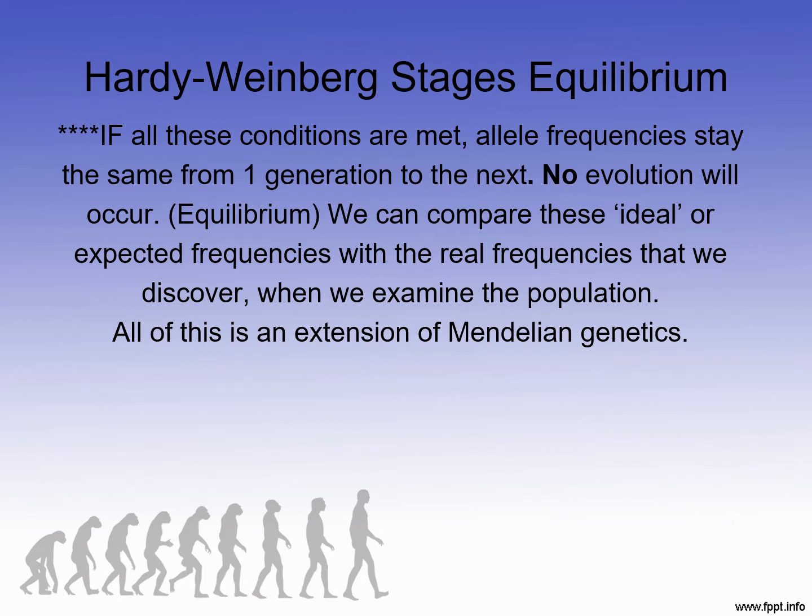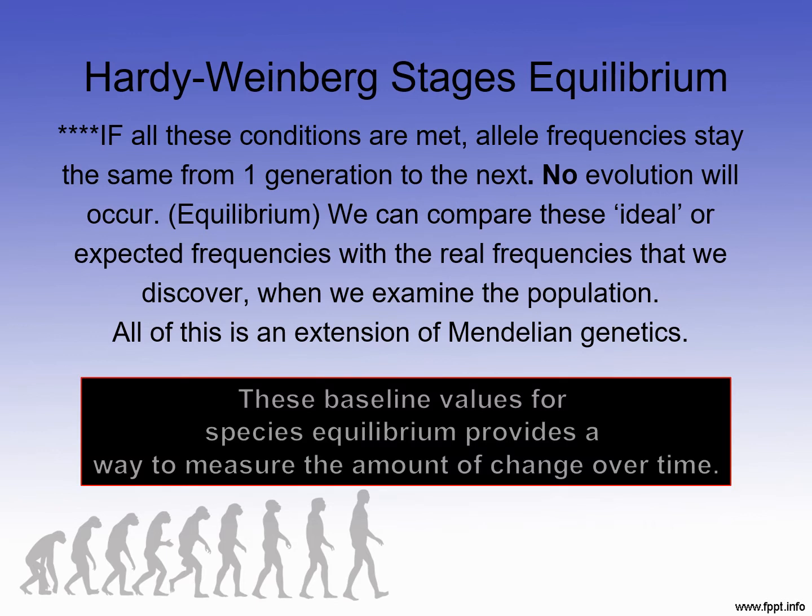So all of this is an extension of the basic inheritance that was brought up by Mendelian genetics. These baseline values provide a way to measure species equilibrium, and a way to measure the amount of change over time, right? And that's essentially what we're trying to do when we're looking at how evolutionary change occurs over time.